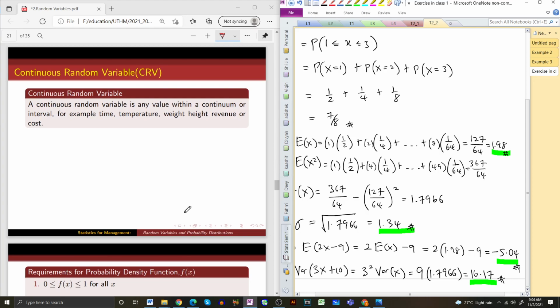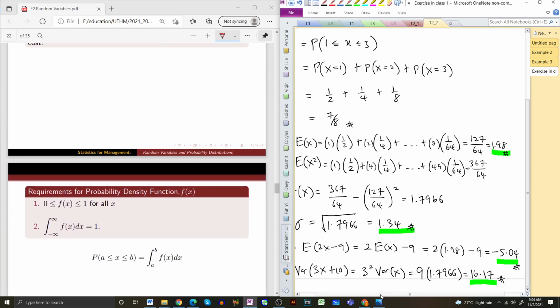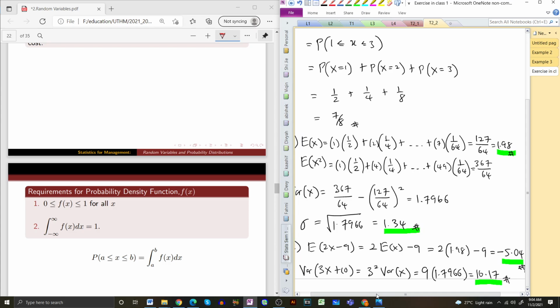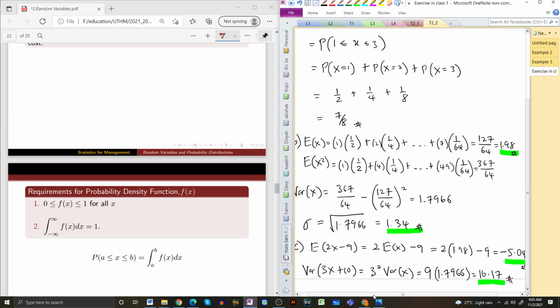Sorry, Doctor. If for variance of x I use the decimal point to calculate it, then my standard deviation will be 1.35. Is this okay? For variance x, I use E(X) 1.98 and E(X squared) 5.73, or I use the decimal to calculate it.